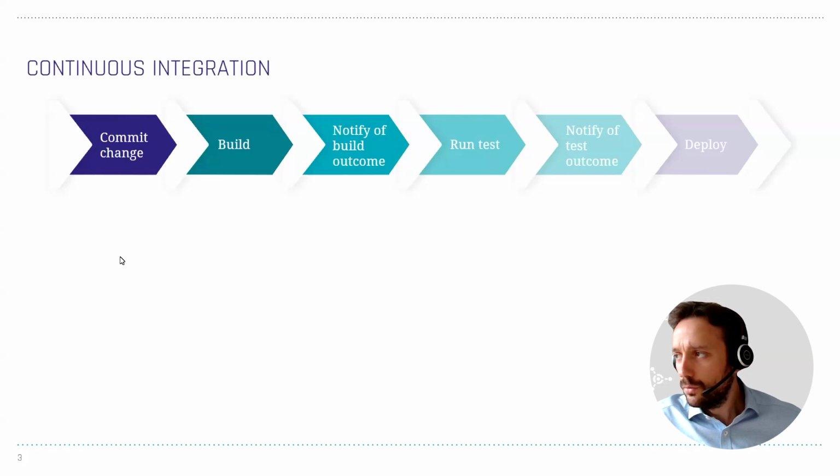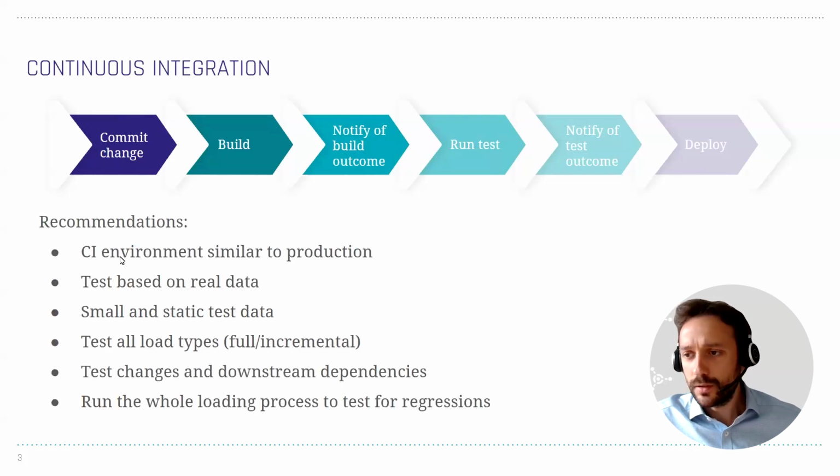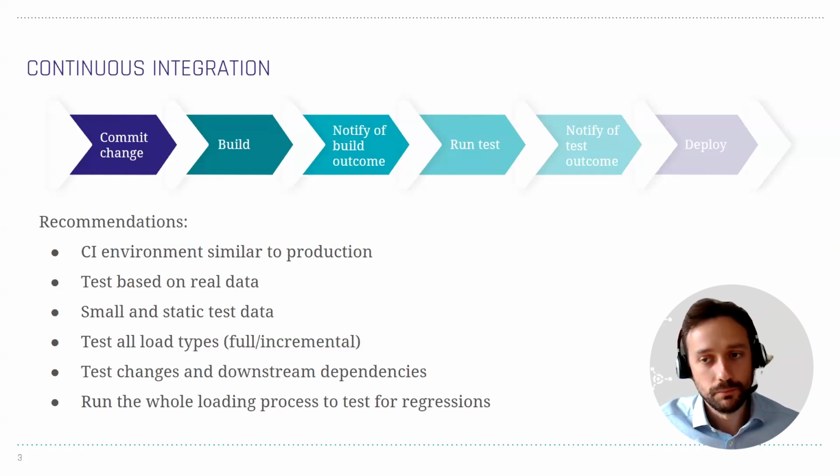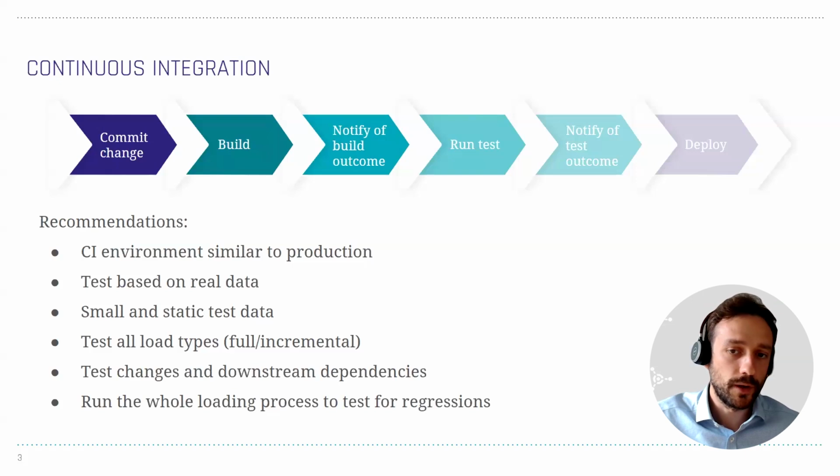I would like to mention some recommendations here. We recommend to create the CI environment as similar as possible to the production environment regarding infrastructure, security, software, drivers, etc. And create tests on source databases and source files derived from the real data, because only real or production data gives you all the possible cases.